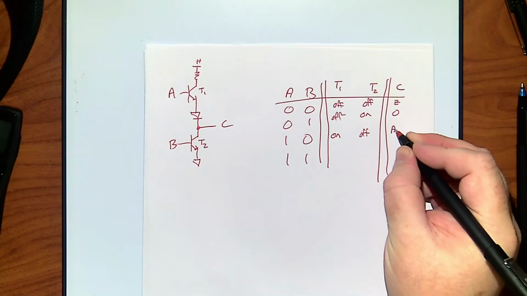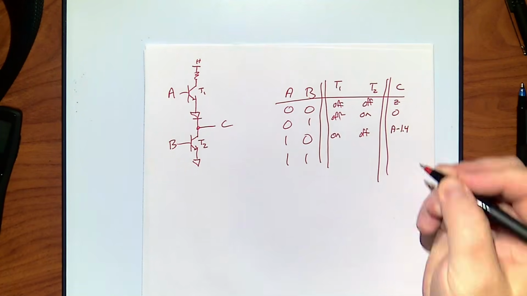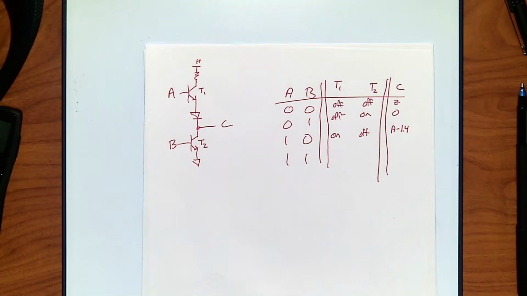So this is whatever A is minus 1.4. And if I let A be 5 volts, then I've got 3.6 as an output.